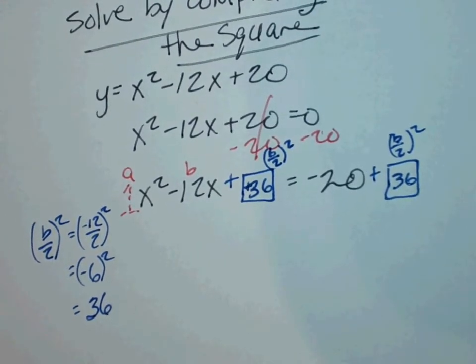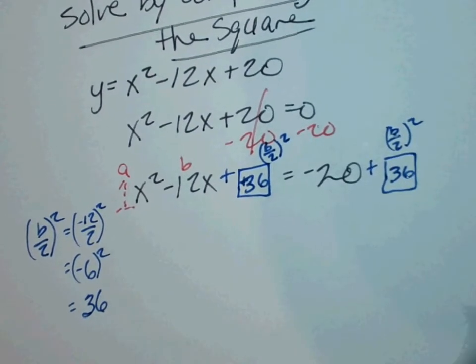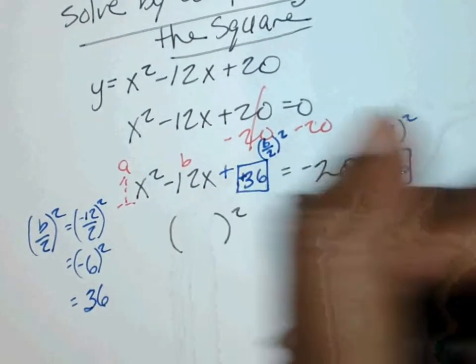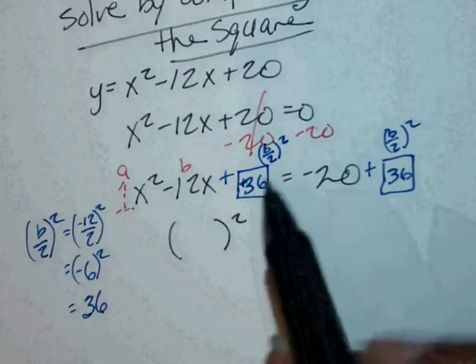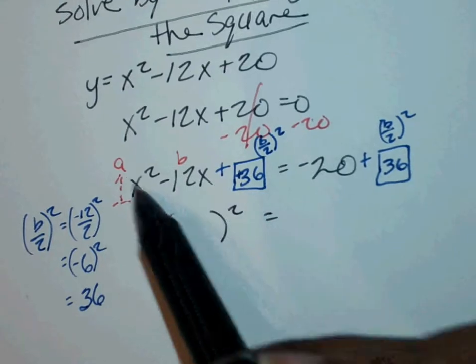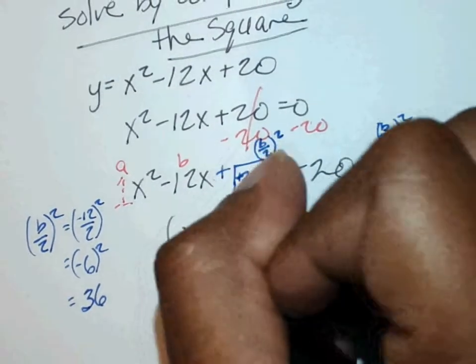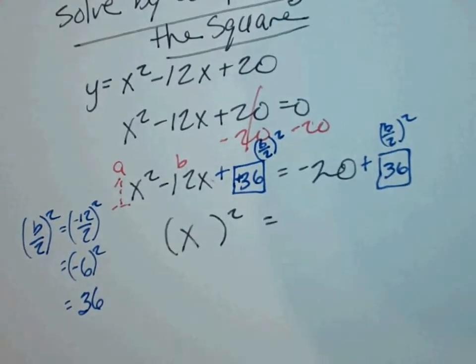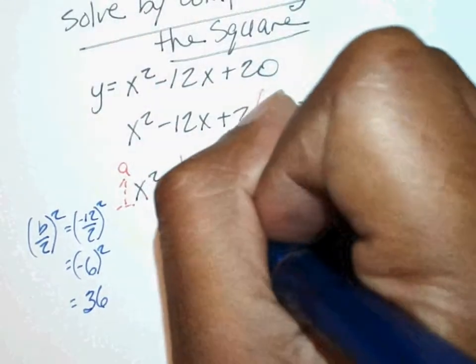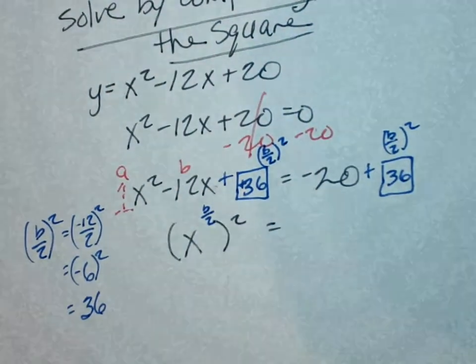Alright, all my hard work is done. All I need to do now is draw my parentheses squared. And then I'm going to put x, because that's my variable. And right here, I'm going to put b divided by 2. Not b divided by 2 squared, just b divided by 2.